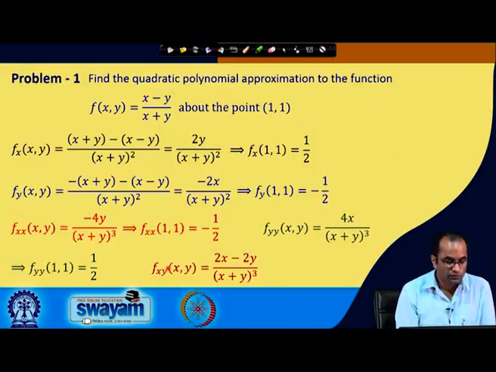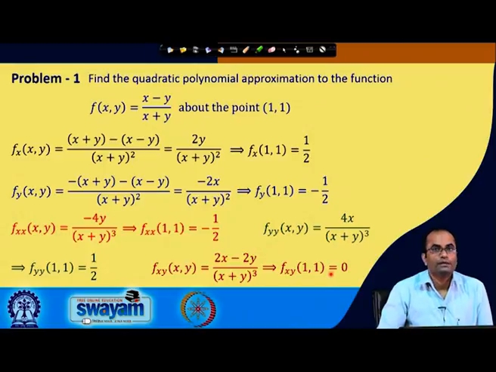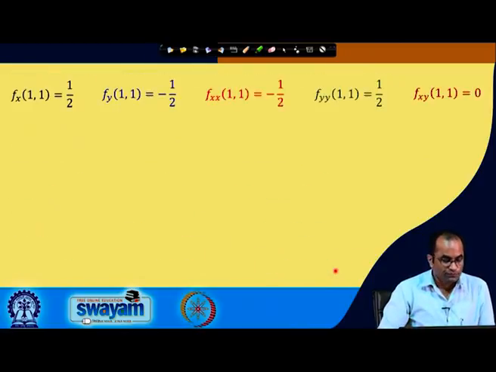And the mixed order term, we can differentiate this f_x is equal to 2y over (x plus y) square with respect to y, or we can differentiate the other term with respect to x to get this term, 2x minus 2y over (x plus y) power 3. And again we need to compute this at the point (1, 1). So, we will get 0, because when we substitute 1, 1 there, 2 minus 2 will become 0.